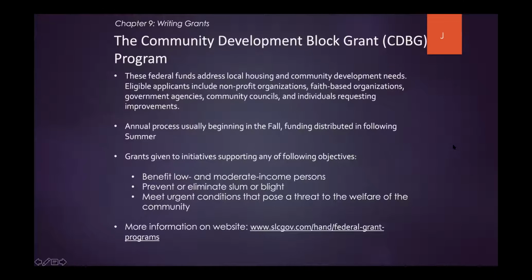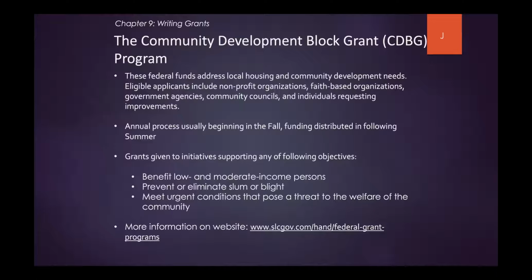So one of those federal grants that I was talking about earlier is the Community Development Block Grant, the CDBG program. These are federal funds that are allocated for local housing and community development needs. Eligible applicants really only include local governments and nonprofit organizations that are looking to improve some sort of housing or community need.